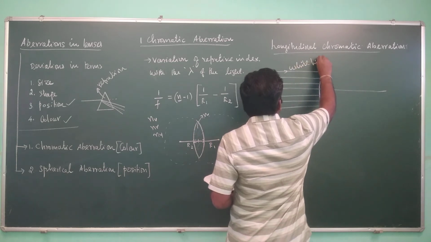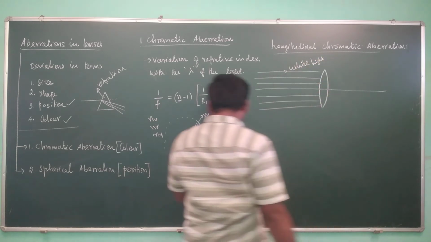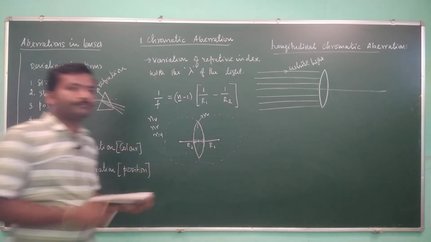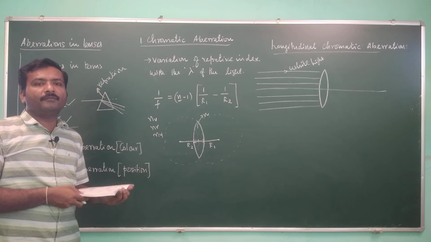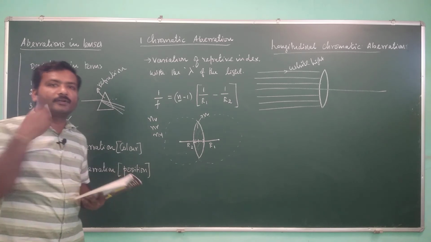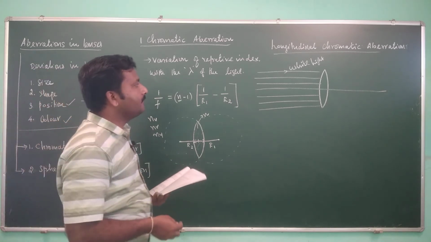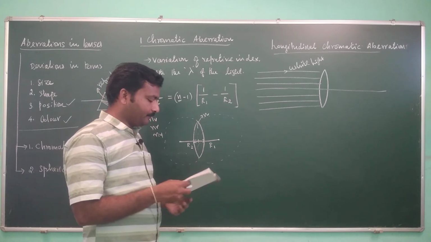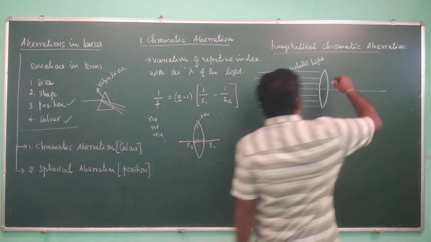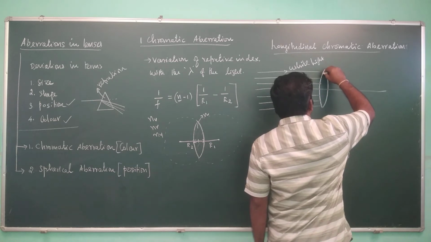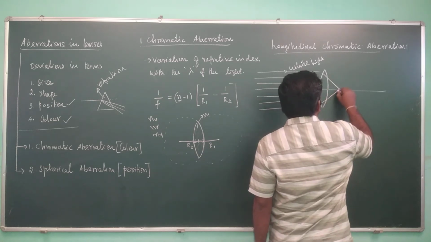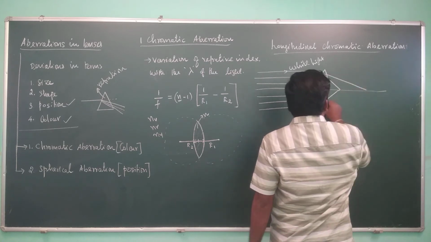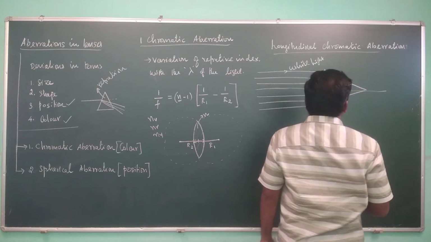When this light passes through the lens, what happens? The angle of deviation is higher for violet and lower for red. So violet color will be focused closer to the lens, whereas red color will be focused further from the lens.